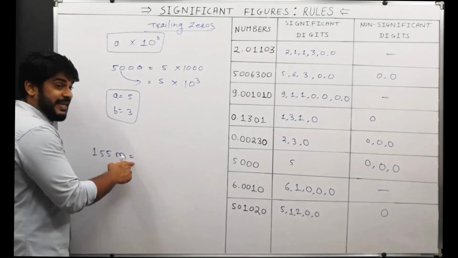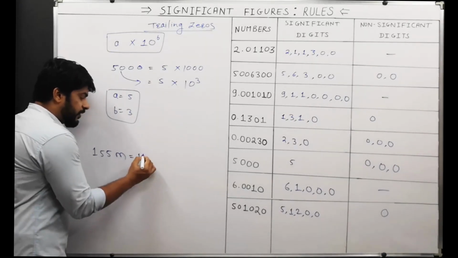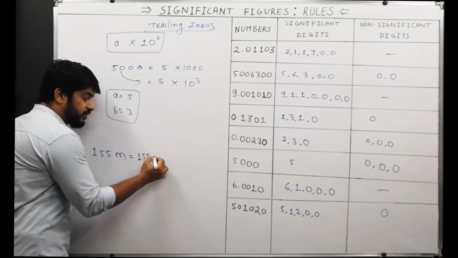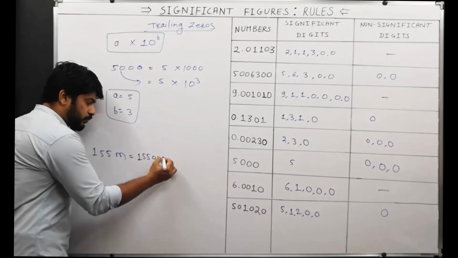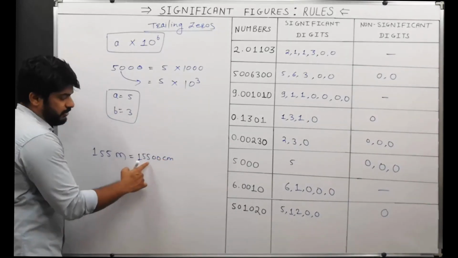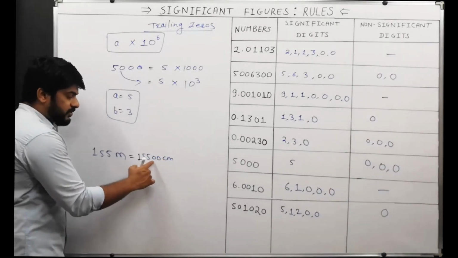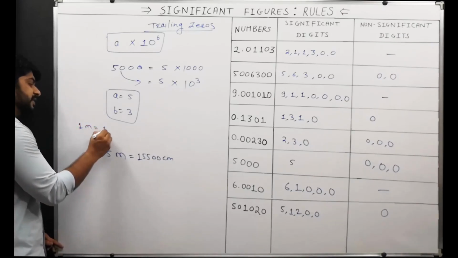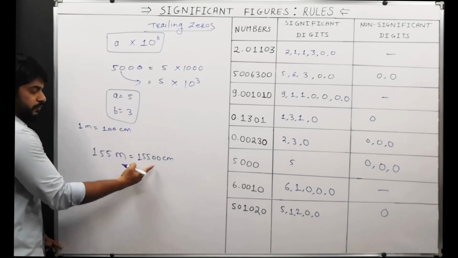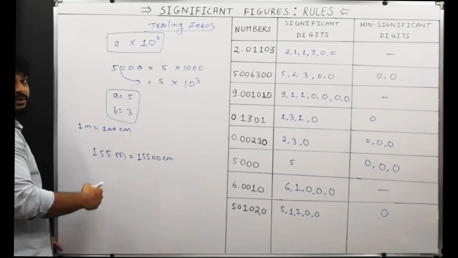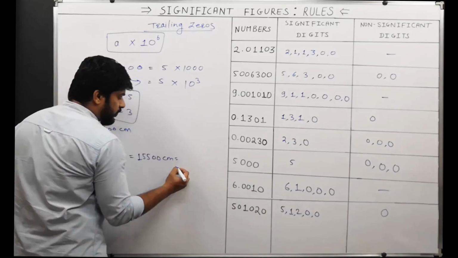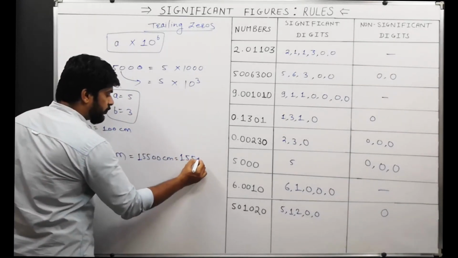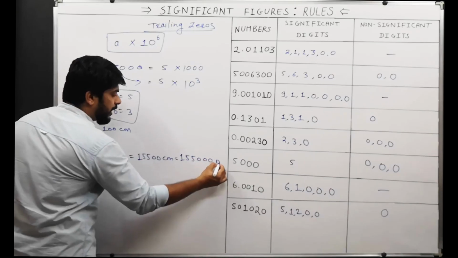We can write it in centimeters. So 155 meters converted to centimeters gives us 15500, because we know 1 meter is 100 centimeters. That is what we have done here, multiplied by 100. And we can also convert this to millimeters. In millimeters it would be 155,000 mm.